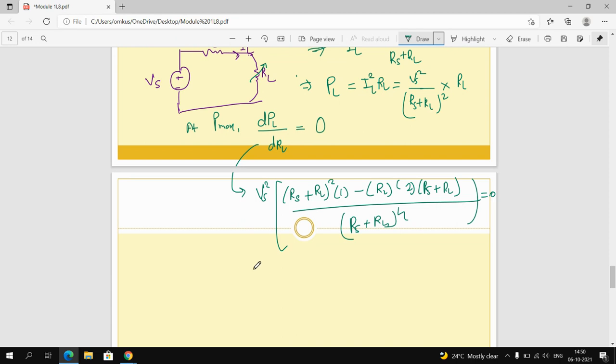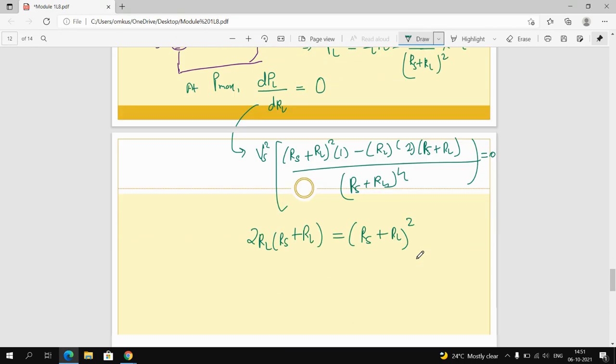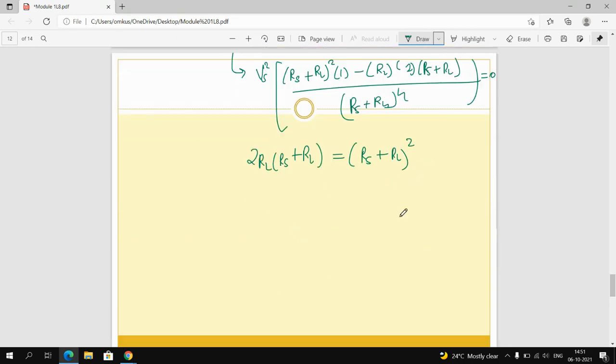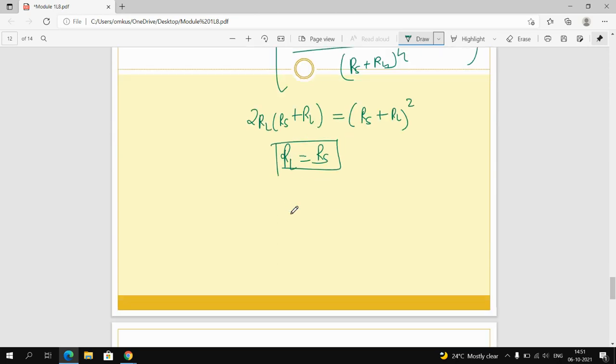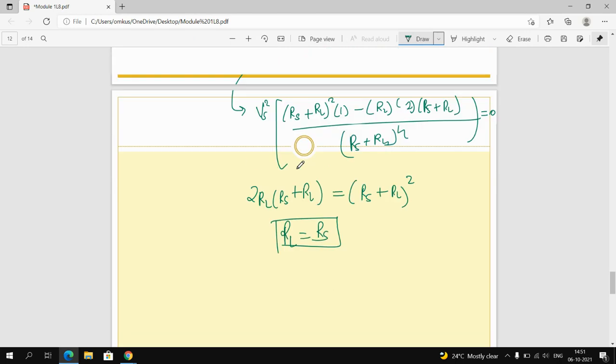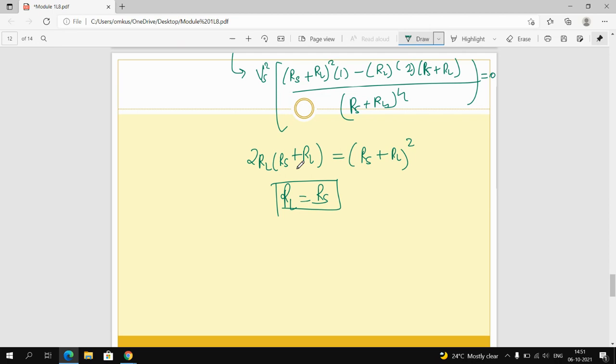When you solve it, you will get 2RL (Rs plus RL) equal to (Rs plus RL) square. Due to lack of time I am writing directly, but you need to solve it, okay, and I need to complete this unit within 10 lectures. So this is the condition: when the load resistance is equal to the source resistance, only then is the maximum power transferred to that load.